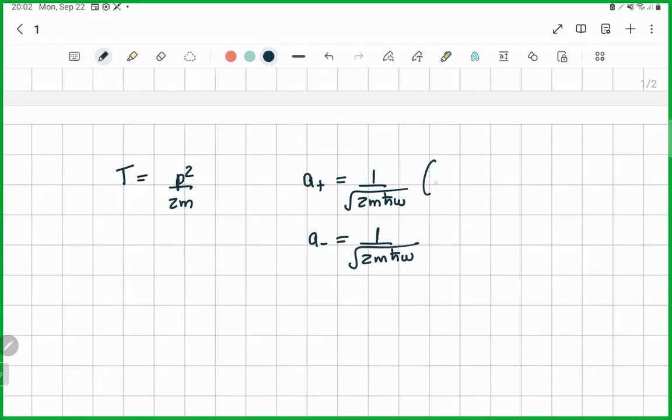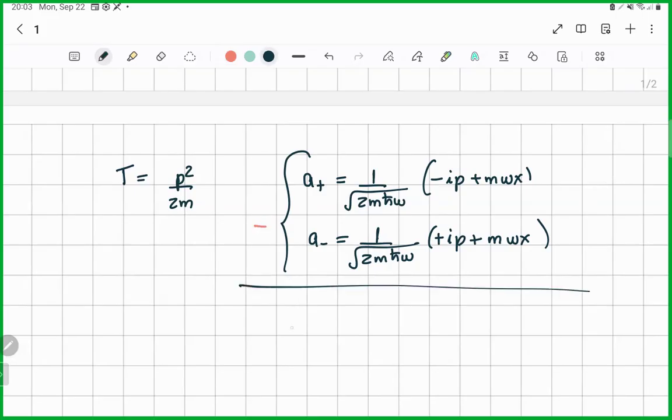A plus has minus iP, and A minus has plus iP. So now what we want to obtain, playing with these two equations, subtracting these two equations, is an expression for the momentum in terms of A plus and A minus.